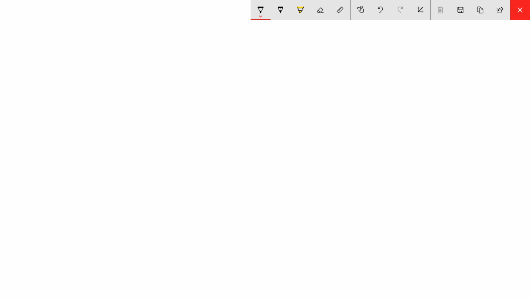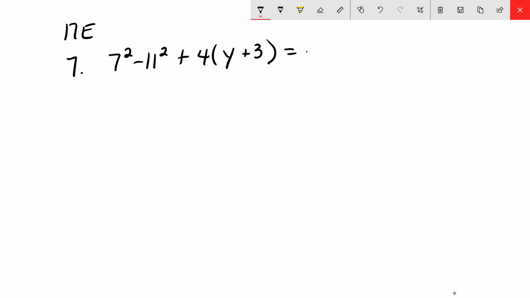Also, another one that I had a question about is off of 17E, number 7. All right, you've got 7 squared minus 11 squared plus 4y plus 3 equals negative 3y minus 2 times 1.5. All right, so I'm going to start working this out. 7 squared is 49.